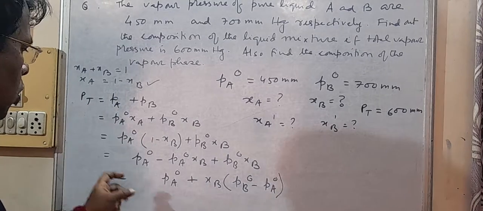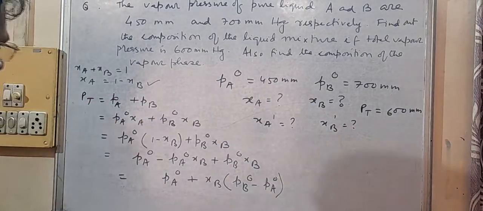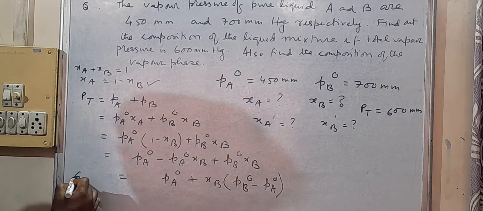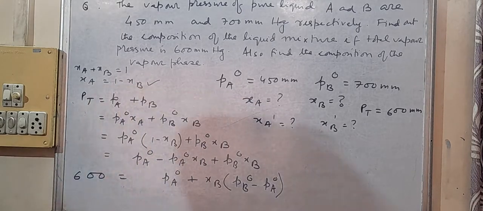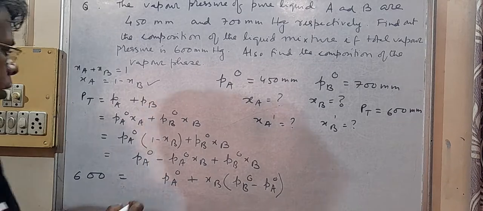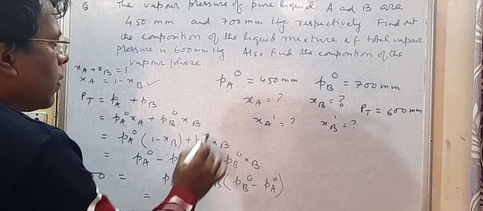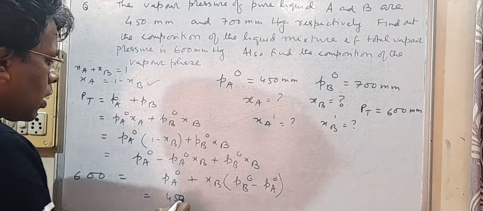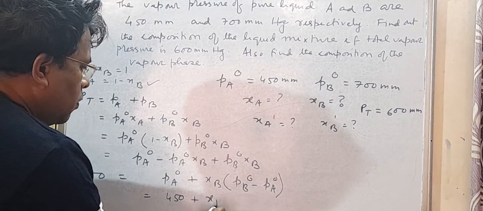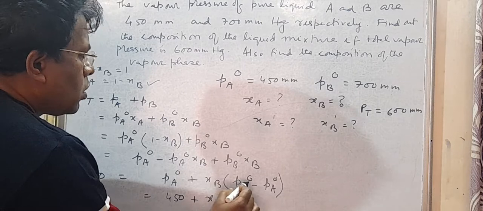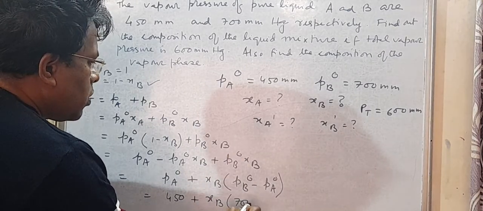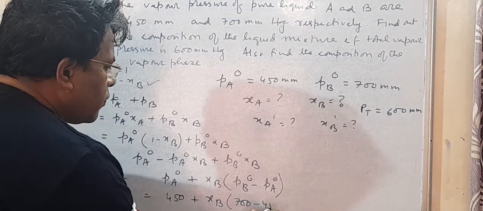So this is what we got. Now we can apply these values. PT value is said to be 600, so I am writing it here, 600. And PA naught value is 450, plus chi B, we don't know, here PB naught is 700 minus 450.